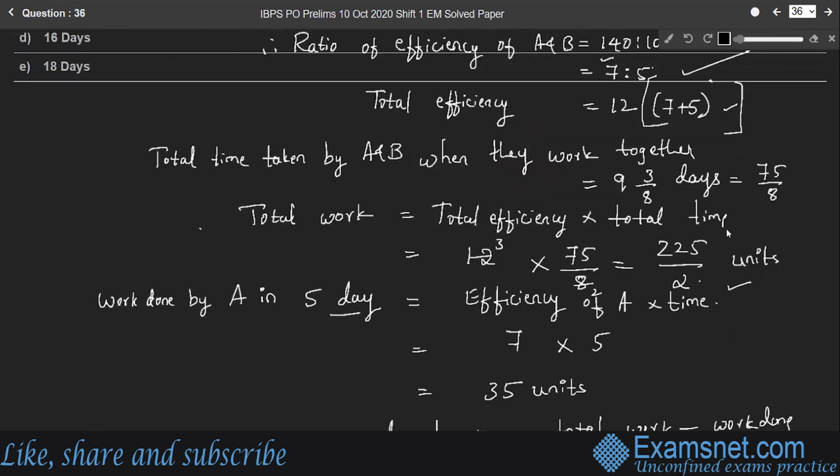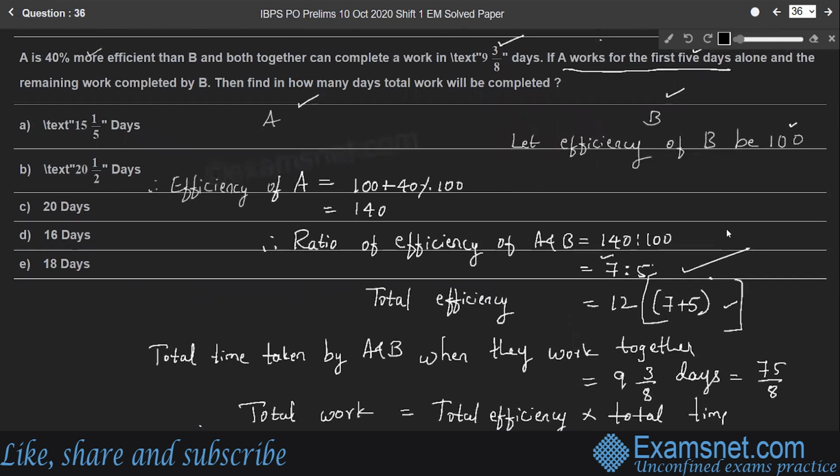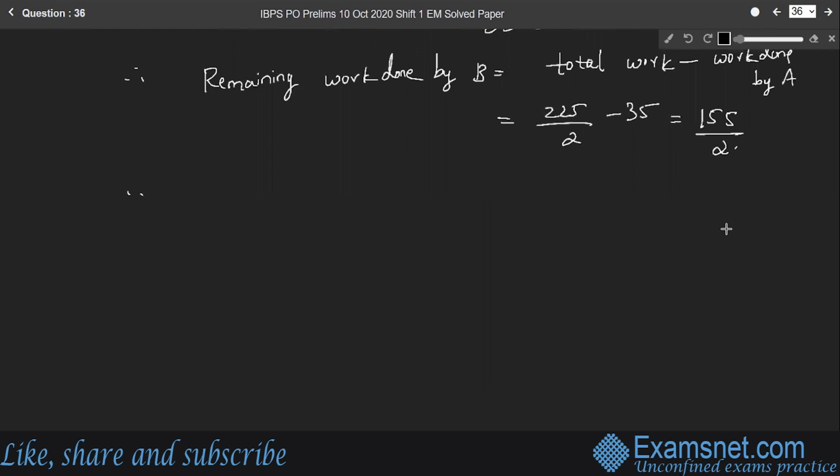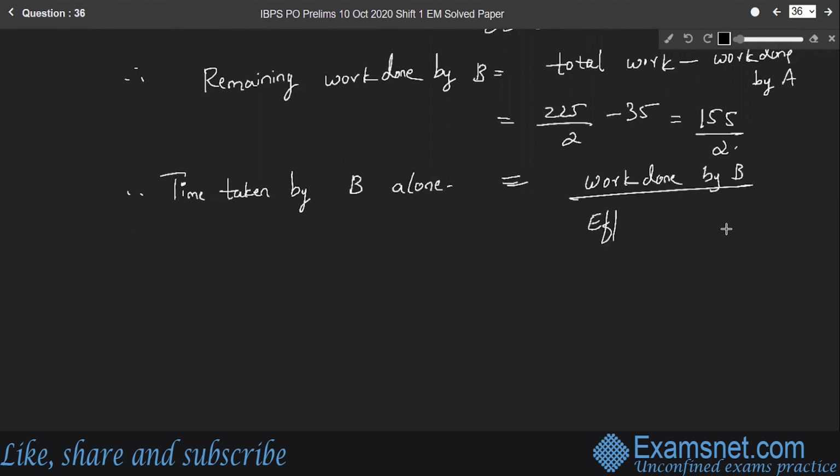Therefore, so remaining work is done by B in some days, right? What is the time? That is, therefore, time taken by B alone, right? So what is the time? How to calculate time? Using the relation work done by B divided by efficiency of B. What is work done by B?